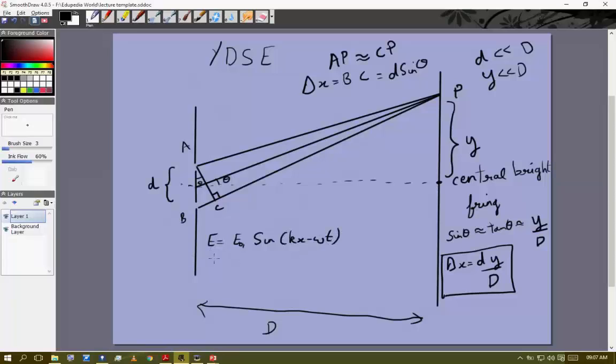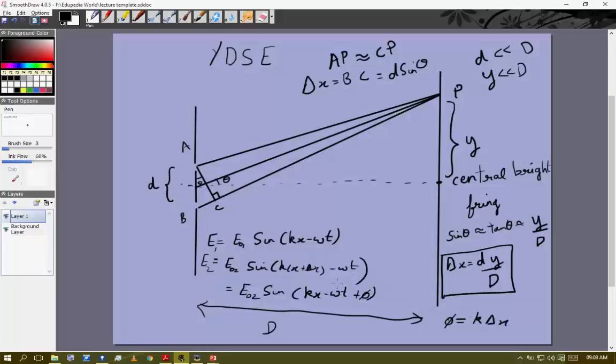The other one will have electric field E02 sine(k times (x plus delta x) minus omega t), which can be written as E02 sine(kx minus omega t plus phi), where phi is equal to k delta x. So phi is the phase difference between this one and this one, and we already know what the sum of these gives, which we've done many times. I'll just write the answer right now.